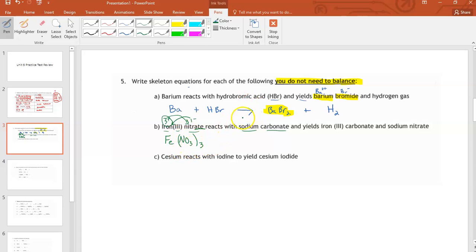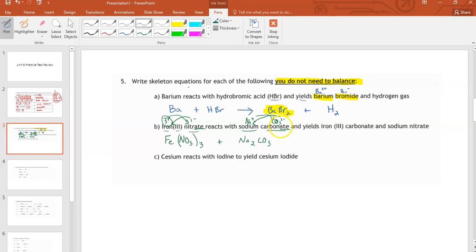Now, the next one, we have sodium, whose symbol is Na, and it's a +1. And carbonate, again, that ATE ending tells me that's CO3, not just carbon, right? Which has a 2- charge. I'm going to put a 2 there and 1 carbonate. So this is going to be Na2CO3.